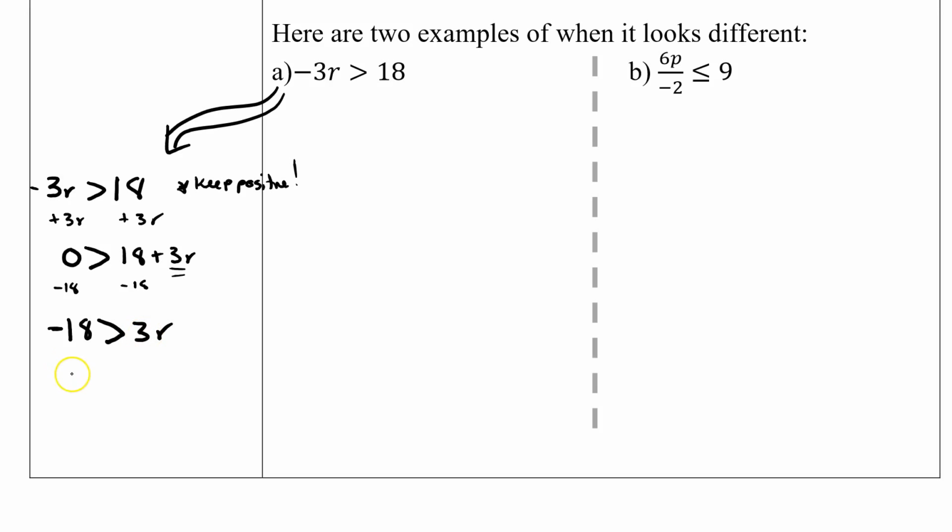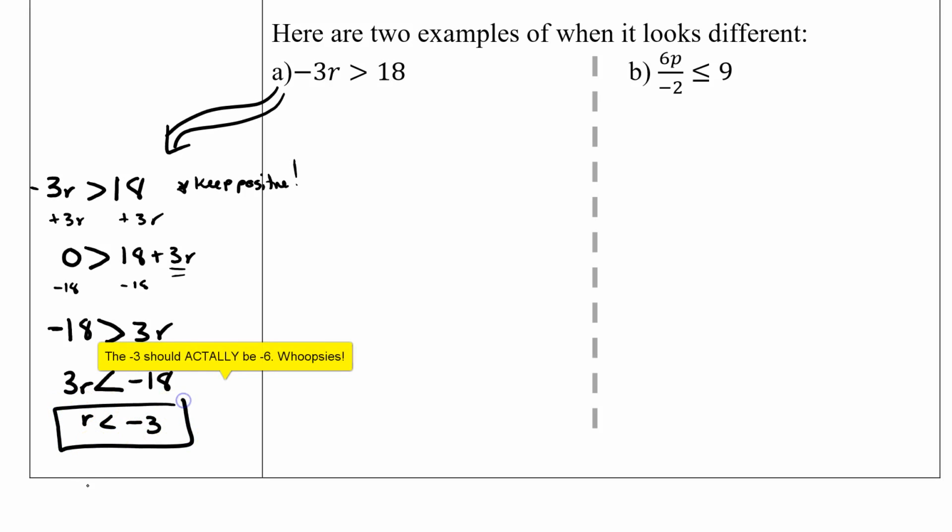So if I wanted to see 3r on the left hand side like we're mostly comfortable with, we had to flip the sign essentially. So then I can say r is less than negative 3, and then I can plot my number line.